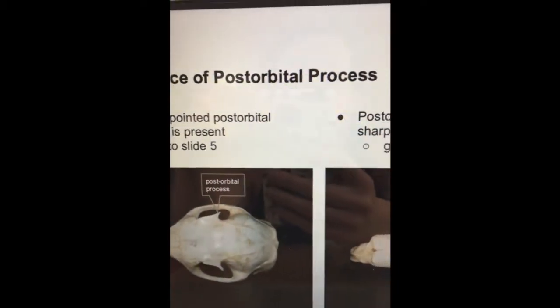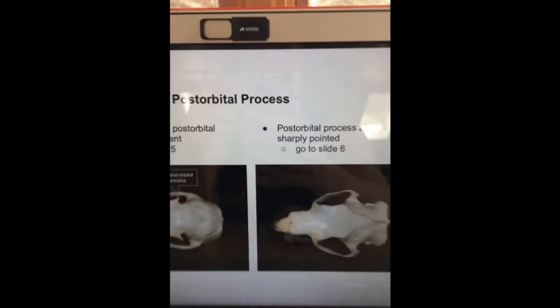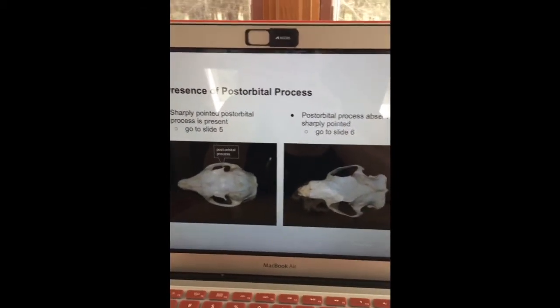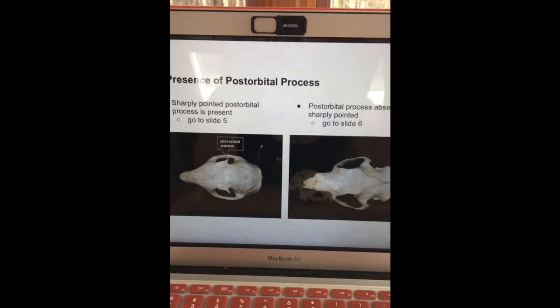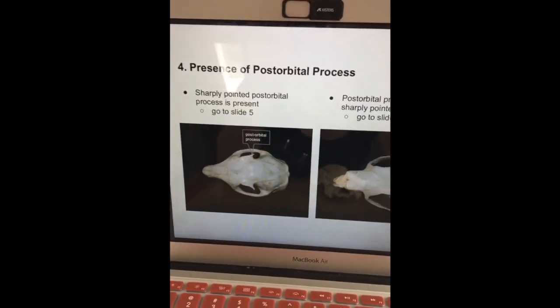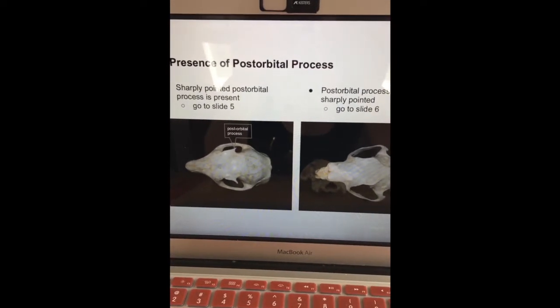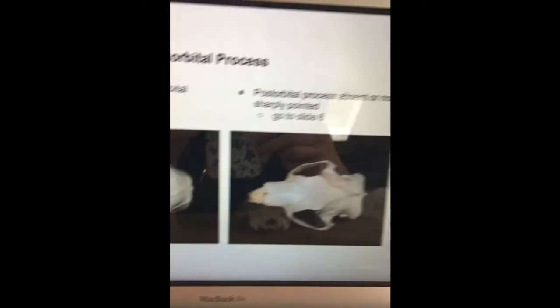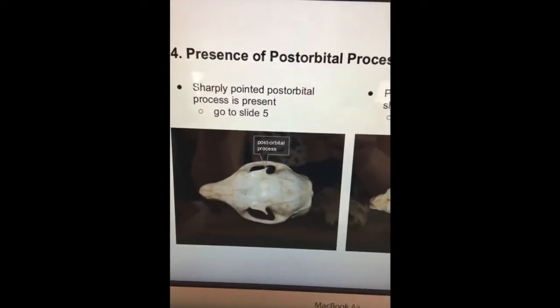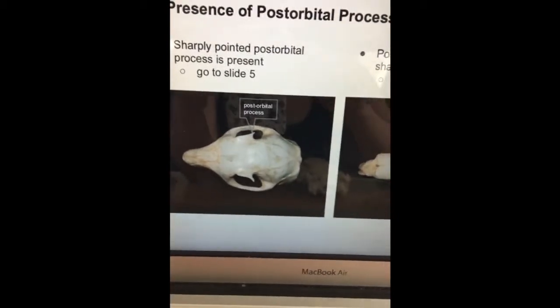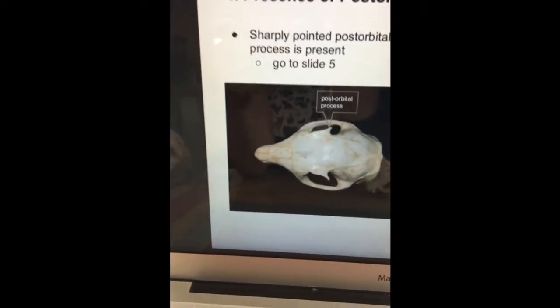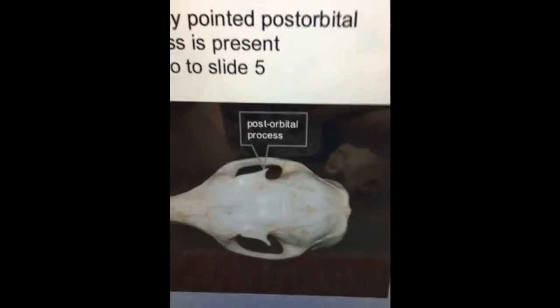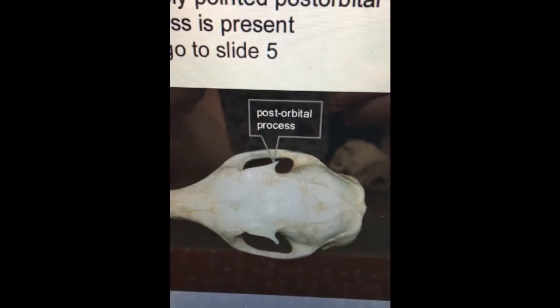Presence of a postorbital process. So we're getting into some more technical terms now. Many field guides will have a glossary or some images to help you figure out what these words mean. This key is great because it clearly points out what it is looking for. Looking at the skull from the top, or from a dorsal view, is there a pointed postorbital process?